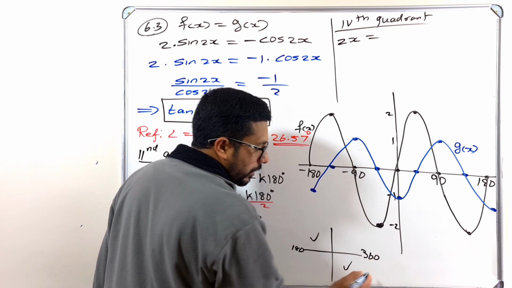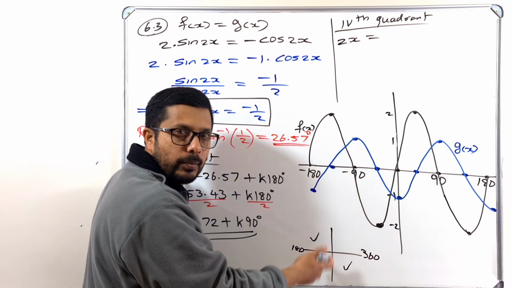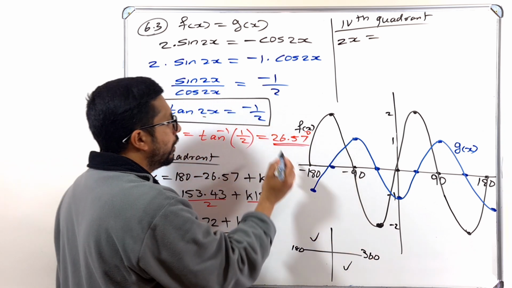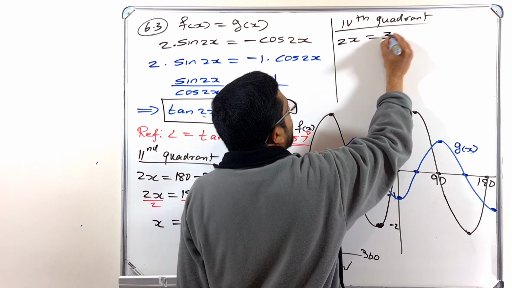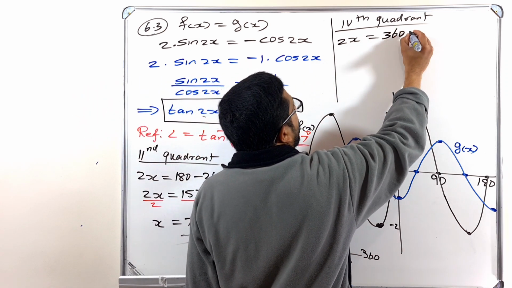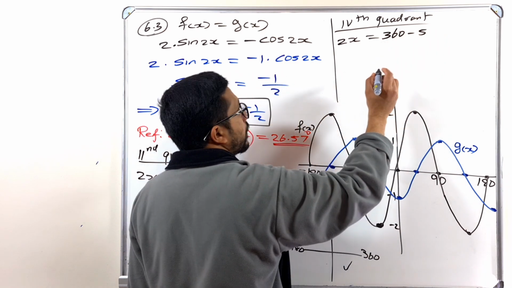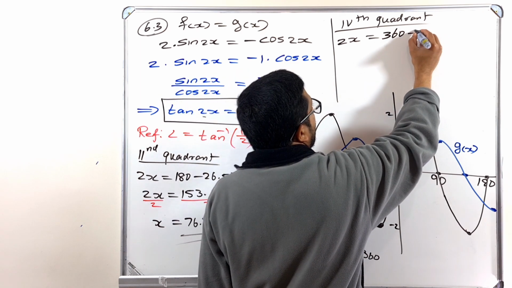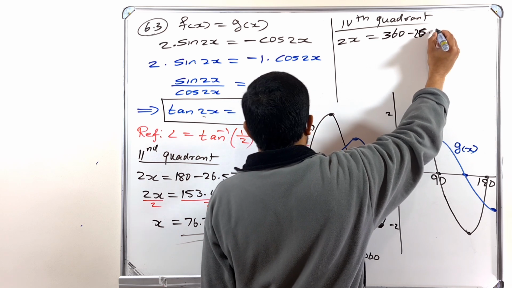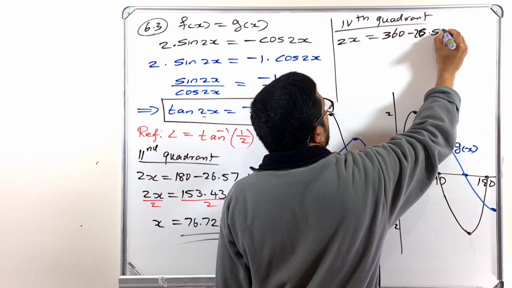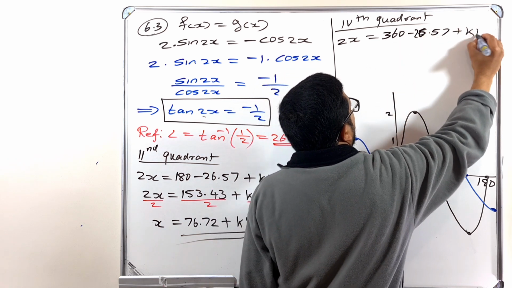This is 360. So the fourth quadrant is 360 minus the reference angle. Here the reference angle is 26.57, plus k 180.